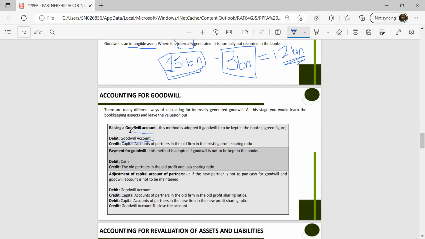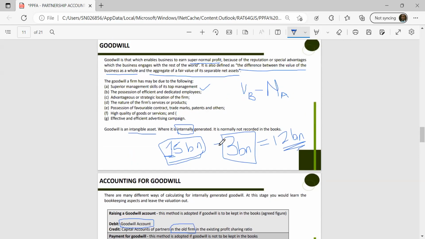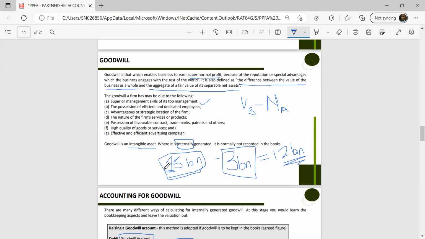I said it's an asset, and when assets are increasing, you debit them. So you debit your goodwill account and you credit the capital account of the partners in the old firm, because they are the owners of the goodwill.